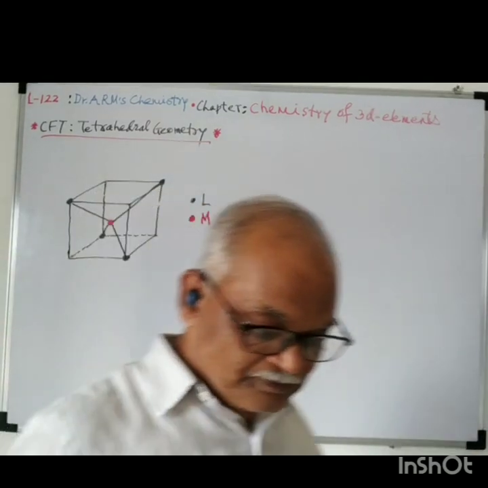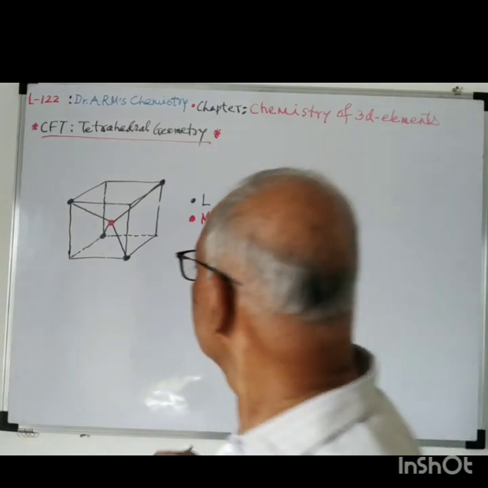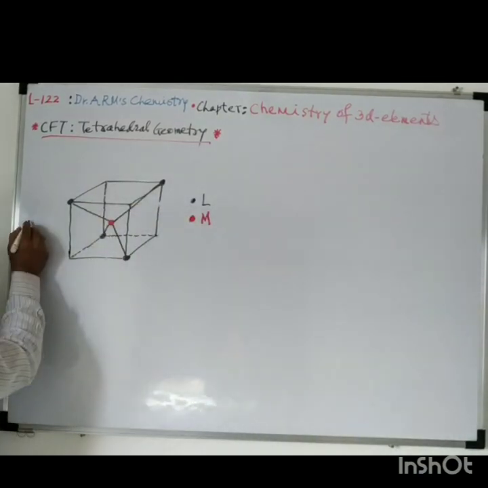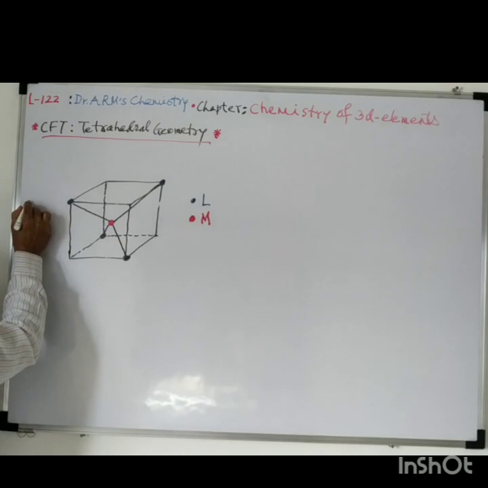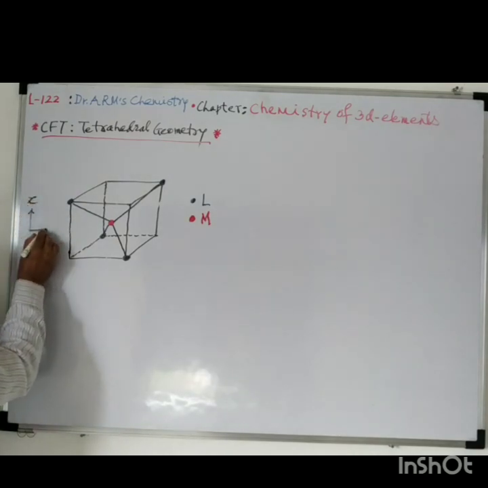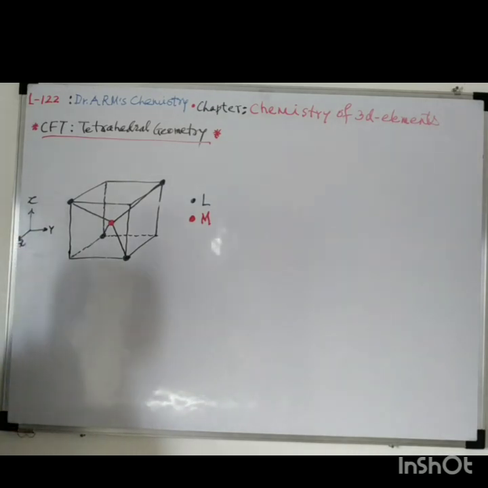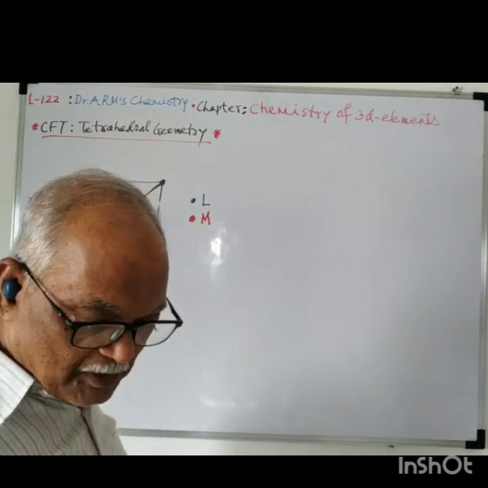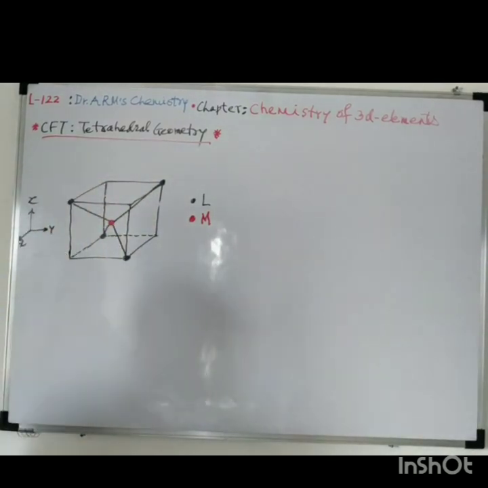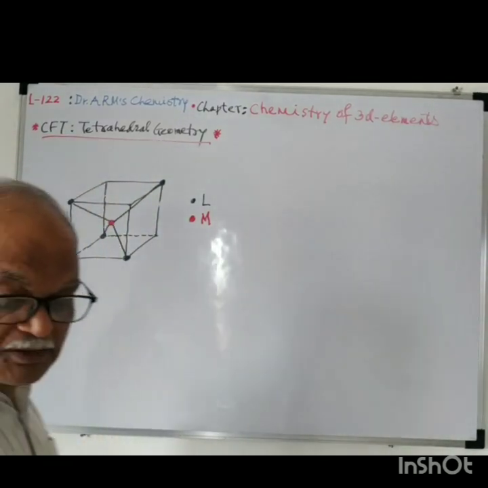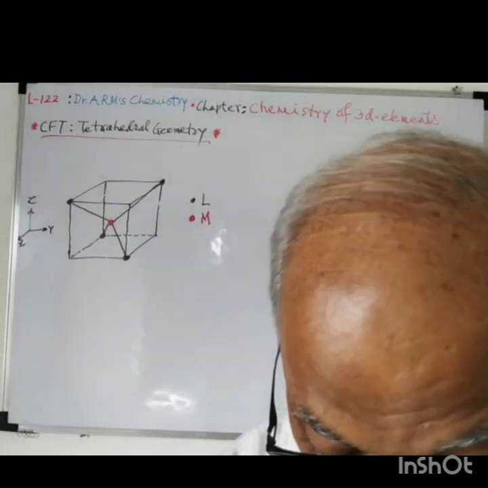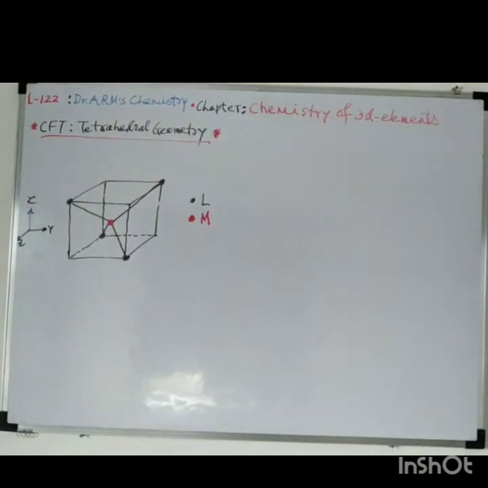Here the axes are assumed as: this is the z axis, this is the y axis, and this is the x axis, or in other ways we can show it like this. So in this way we can imagine the structure.